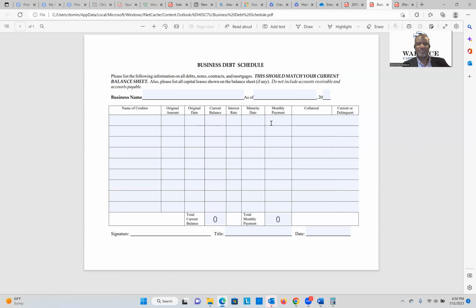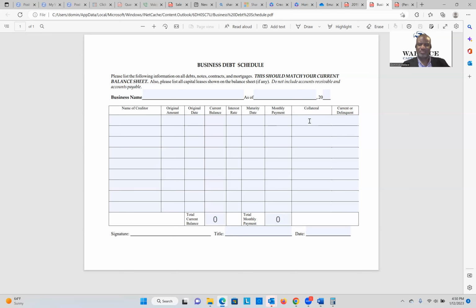Then the monthly payment, which is based on the current balance, or you can put the minimum monthly payment here. If it fluctuates on a monthly basis, I would put the minimum required monthly payment. The collateral is whether it's unsecured or secured.